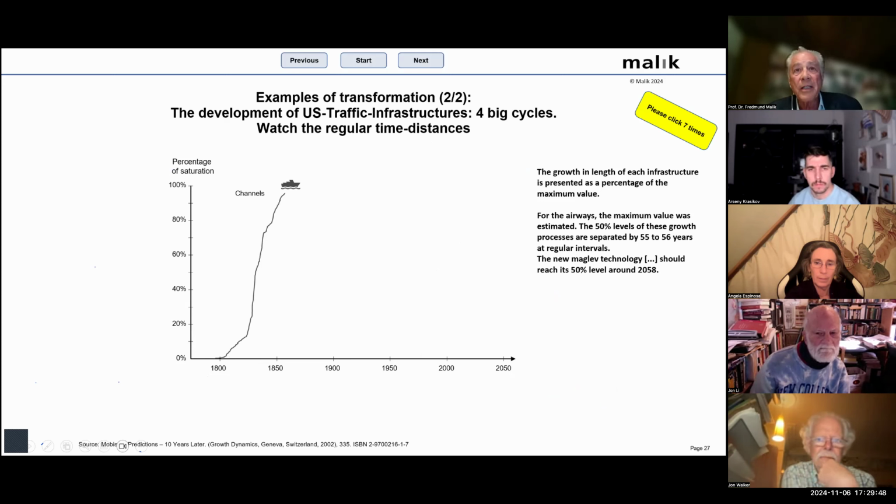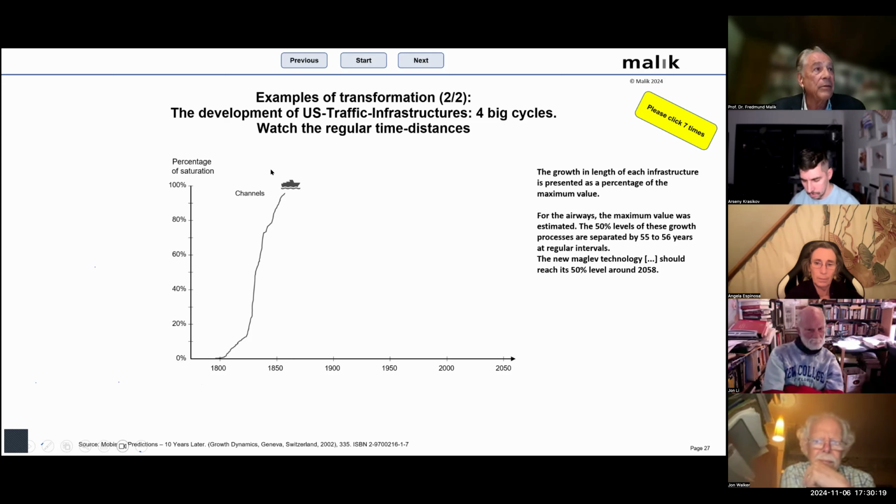For the airways, the maximum value, it will show up, but wait a little bit, was estimated. The 50% levels of these growth processes are separated by 50 to 56 years at regular intervals. The new maglev technology, for instance, reached its 50% level around 2058.